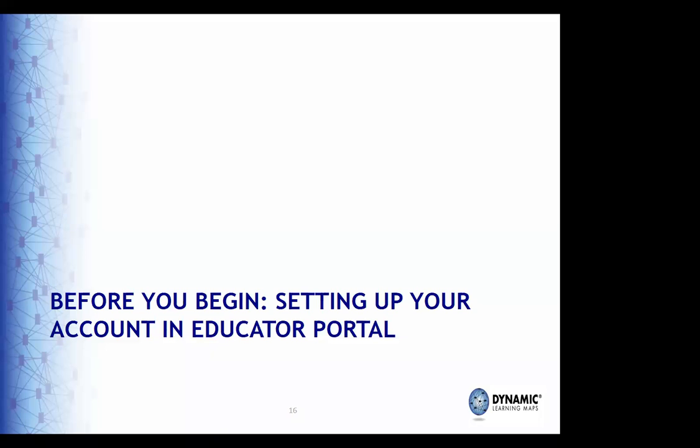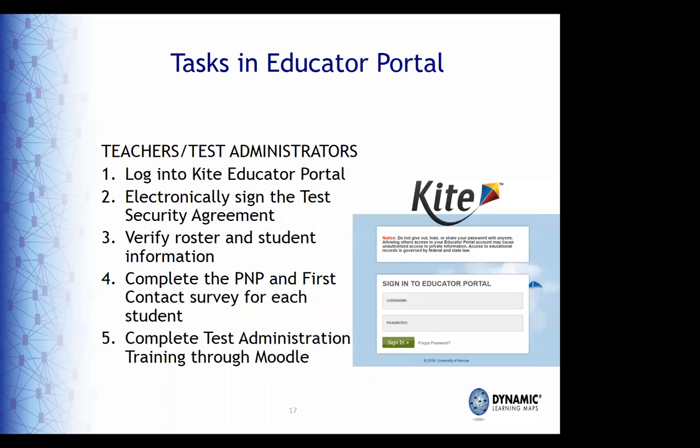Okay, so before you begin using the IE part of it, you're going to set up your account in Educator portal. This is the same as the year-end portion. For setting up your account, there's nothing in addition to what's already required for the spring testing.